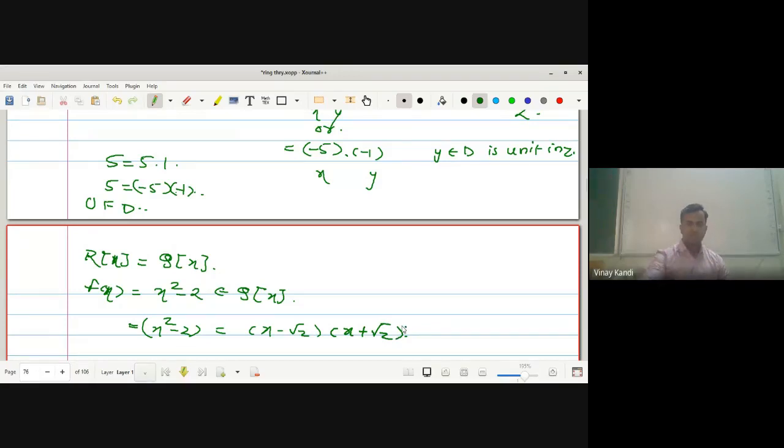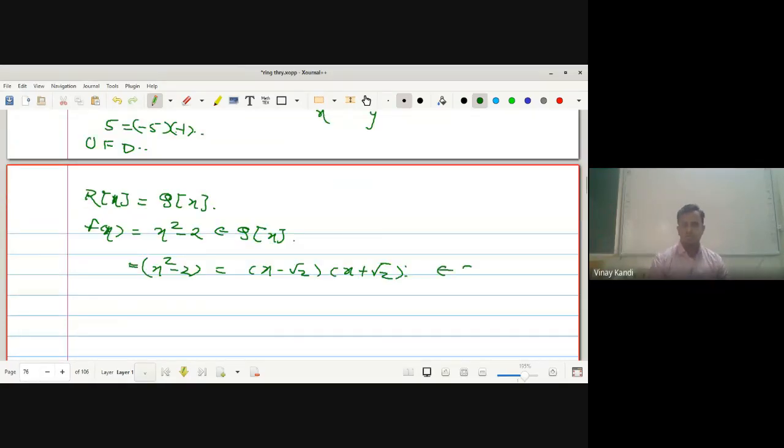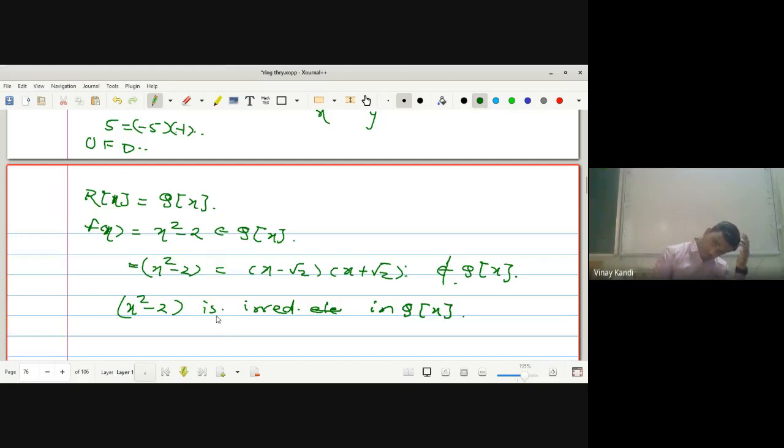Do these belong to Q of X? No, that's why this x square minus 2 is irreducible in Q of X.